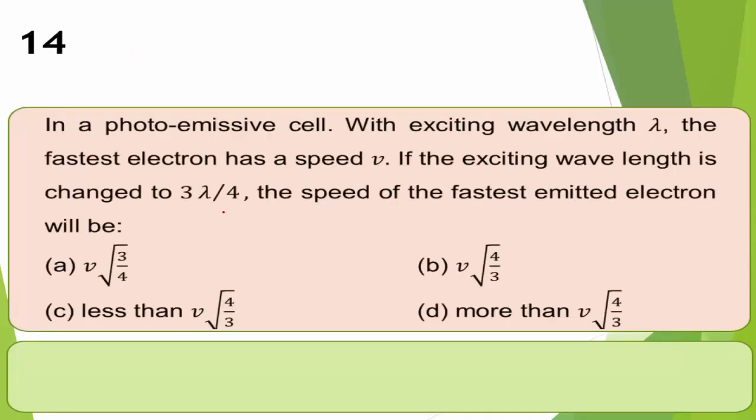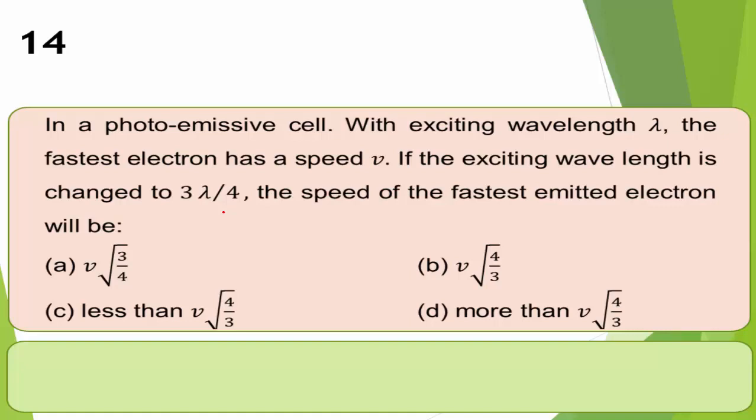And the next question is, in a photoemissive cell with exciting wavelength lambda, the fastest electron has a speed v. If the exciting wavelength is changed to 3 lambda by 4, the speed of the fastest emitted electron will be.